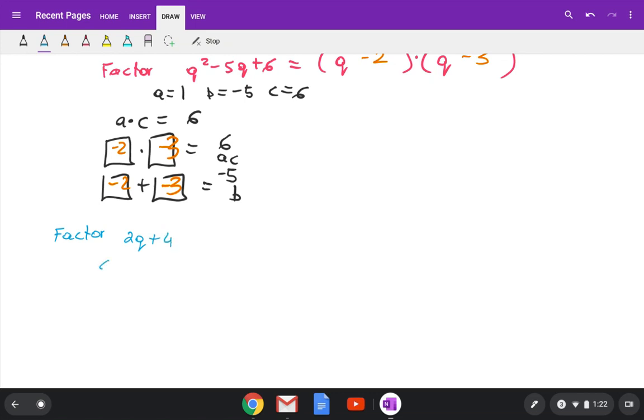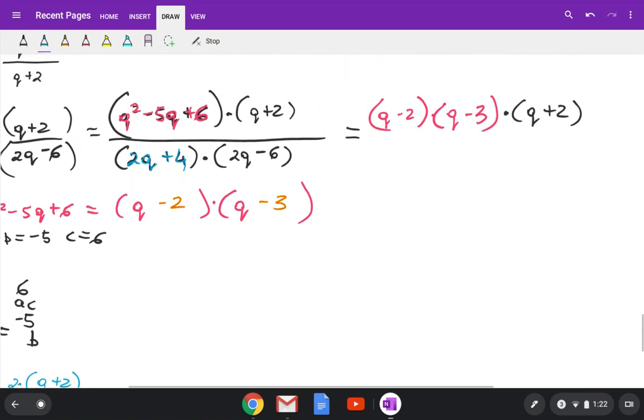So here you can factor the GCF, which is 2. So I'm factoring 2 out, and we end up with q plus 2. So 2q plus 4 is the same as 2 times q plus 2.